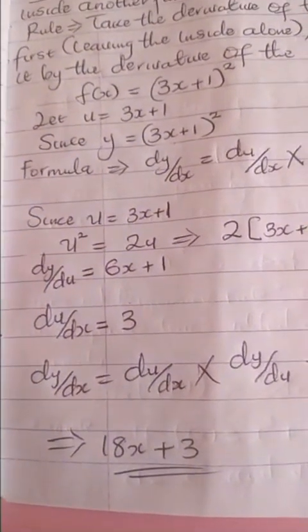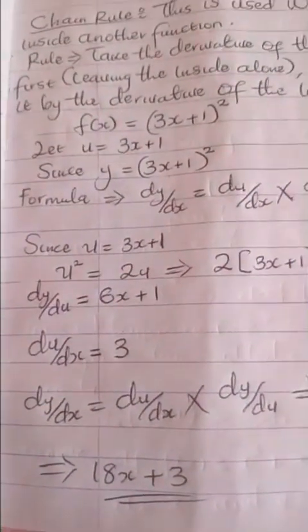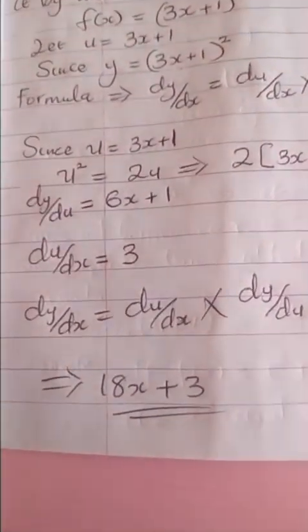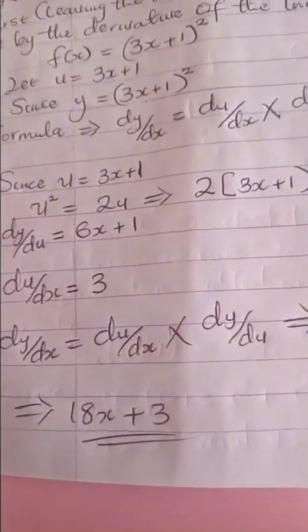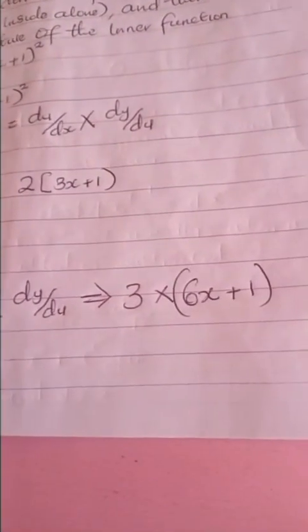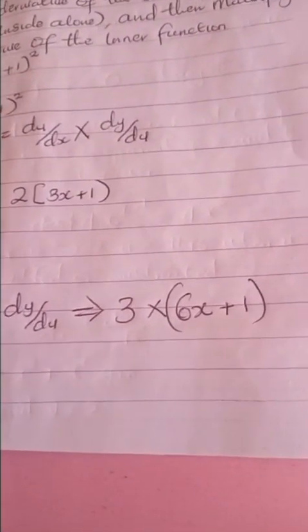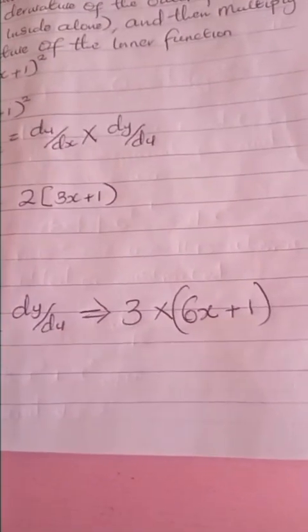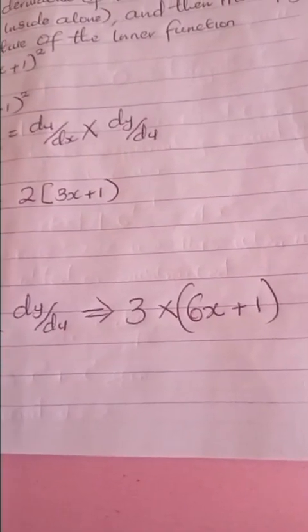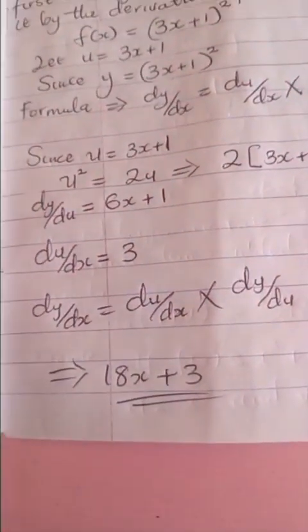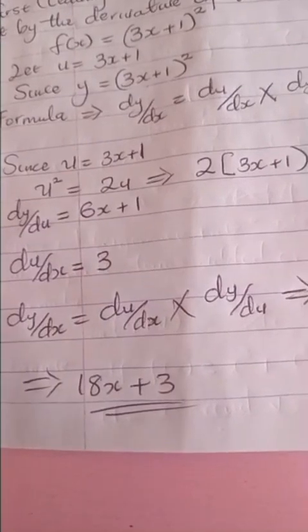Then when you differentiate that, you have 3, because differentiating 1 is 0, and when you differentiate 3x, you have 3. Now dy dx will be equal to du dx times dy du, which is equal to 3 times (6x plus 2). And when you multiply through, you get 3 times 6x is 18x, and 3 times 2 is 6. So we have 18x plus 6.